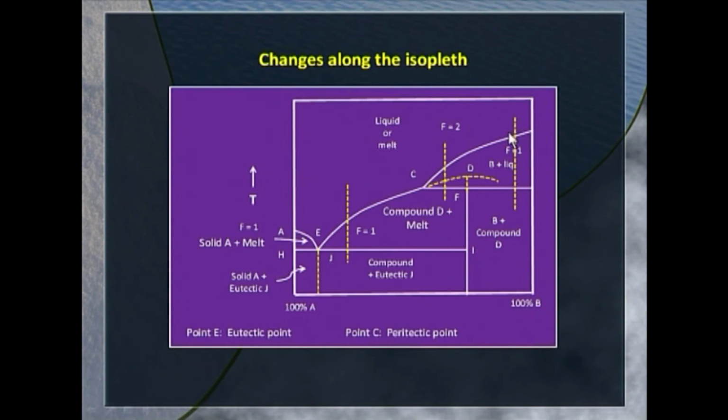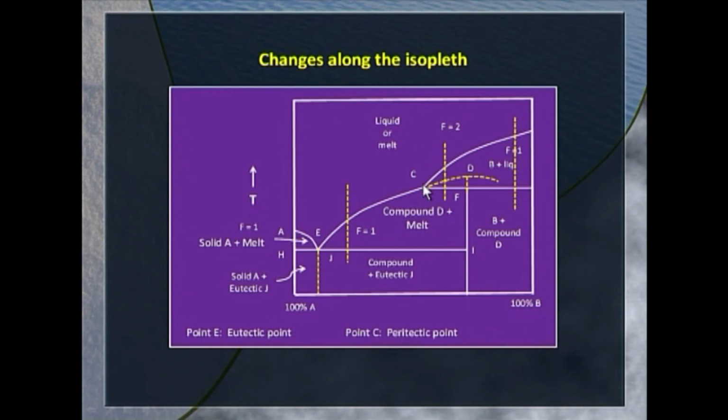In the process, as the temperature decreases, the melt composition starts drifting in this direction, and this continues till you reach the point on the line corresponding to the peritectic temperature. And at this particular point C, the line corresponding to the compound intersects.